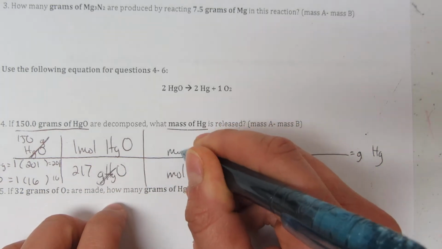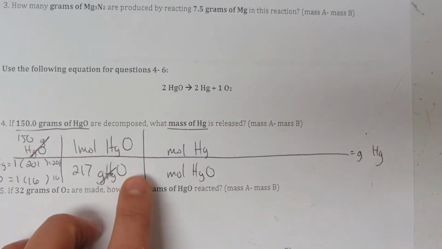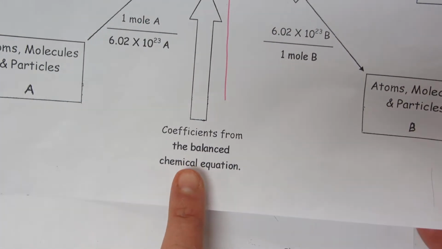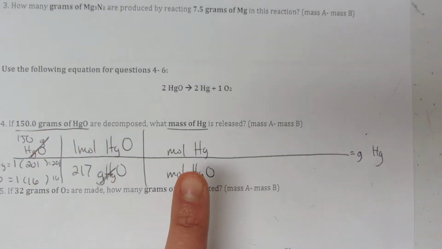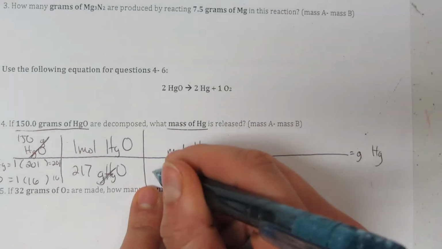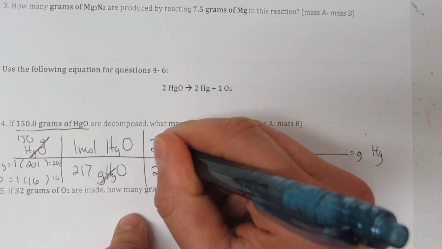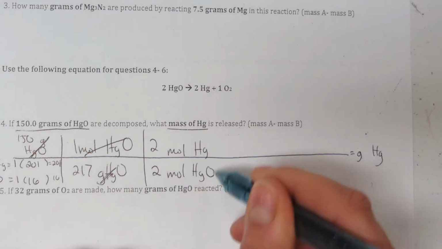And then we're going to go to mole of the new stuff, the mercury. This is where we look up the coefficients from the balanced equation, the big numbers. Mercury oxide has a 2 in front of it, and then the mercury here has a 2 in front of it. So that's the number of moles involved.